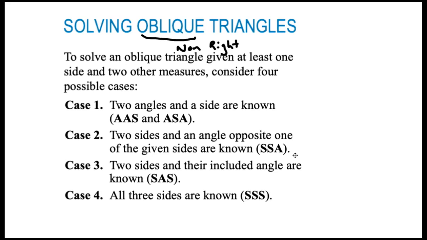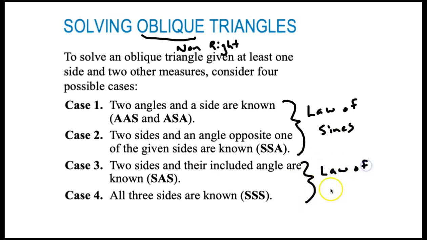Okay, so what we're actually going to use for these first two cases is what's called the law of sines. And then for these other two cases, we are going to use the law of cosines.